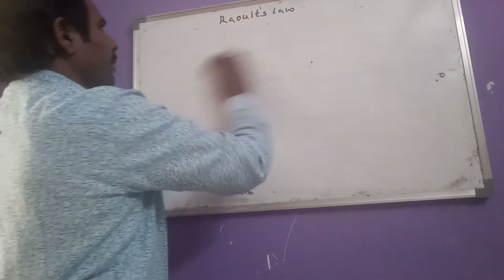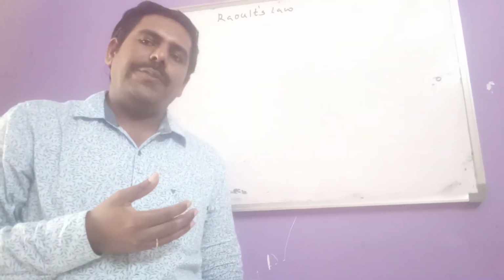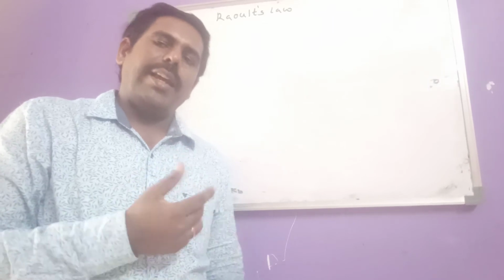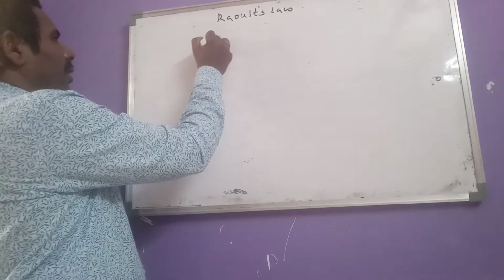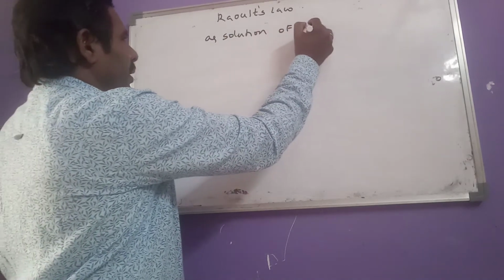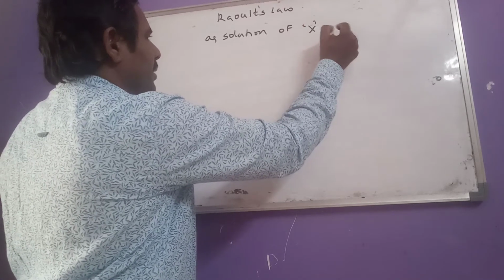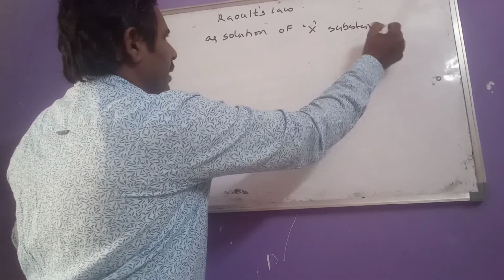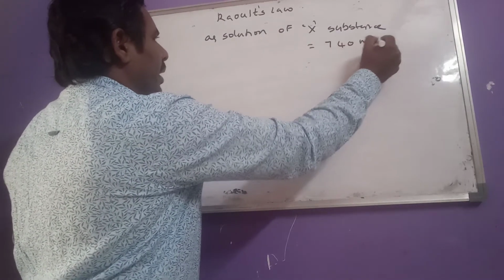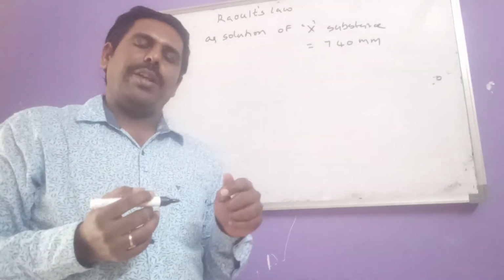See here, for example, vapor pressure of an aqueous solution of X substance is 740 mm of mercury.